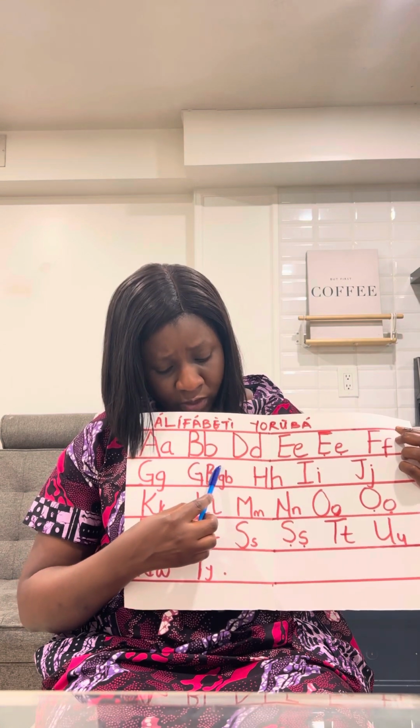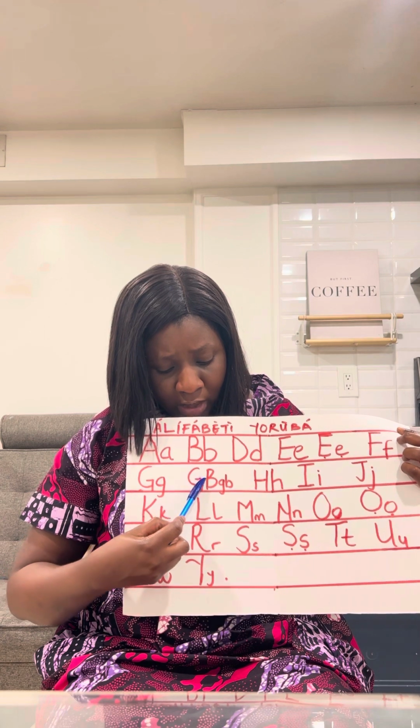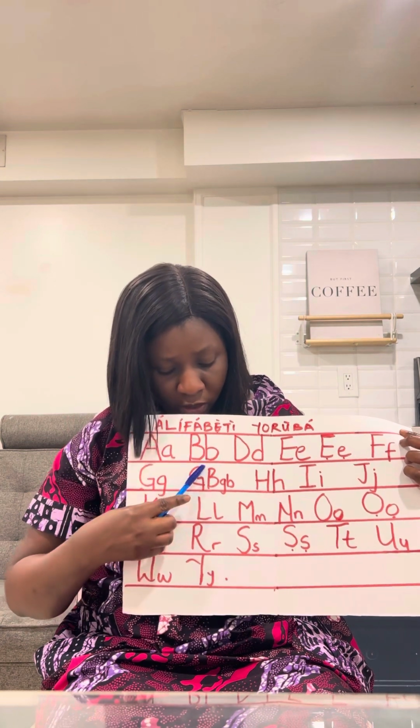The reason why I said it looks different is that it comprises of two letters. As it comprises of two letters, it is still referred to as a letter in Yoruba language. This GB is written together. It must be pronounced as one letter. You can see the movement of my lips.